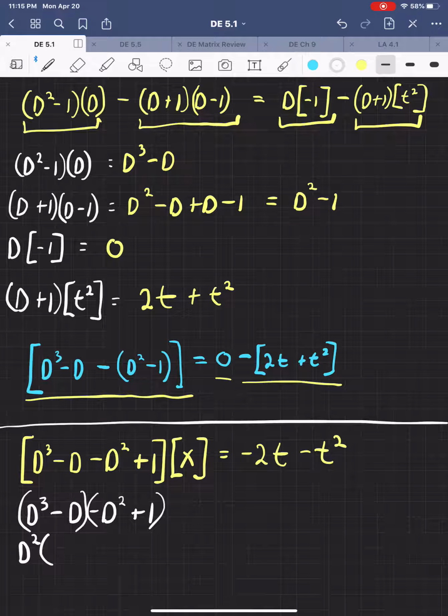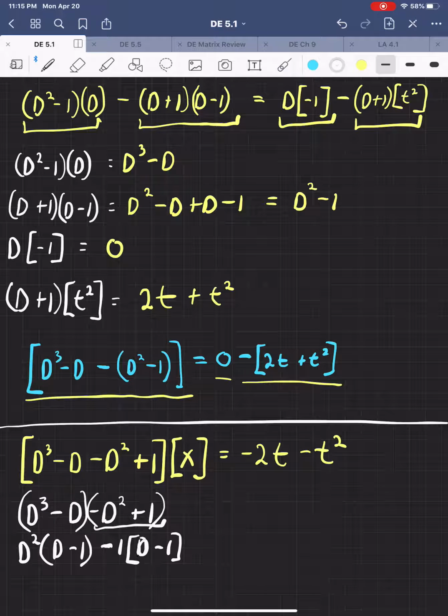That would leave you with a d minus 1. All right, now looking at this next portion here, I would also need a d minus 1. So if I factor out a negative 1, I would have a d minus 1.